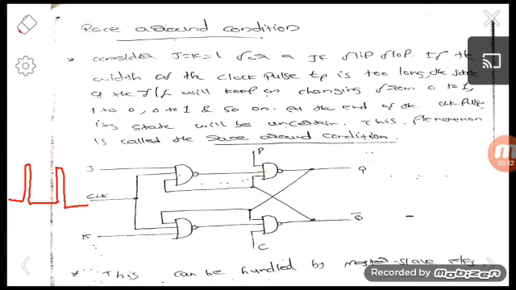We know that when J is equal to K is equal to 1, the state of the flip-flop will toggle. That is, if the previous output was 0, it will change to 1. If the previous output was 1, it will change to 0. But in this condition, if the width of the clock pulse is too long, we cannot predict the output.